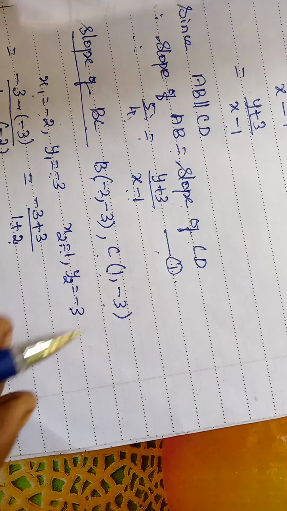So we have y is equal to 2. In place of y, let us substitute the value 2. So 5 by 4 is equal to 2 plus 3 by x minus 1, which is 5 divided by x minus 1.